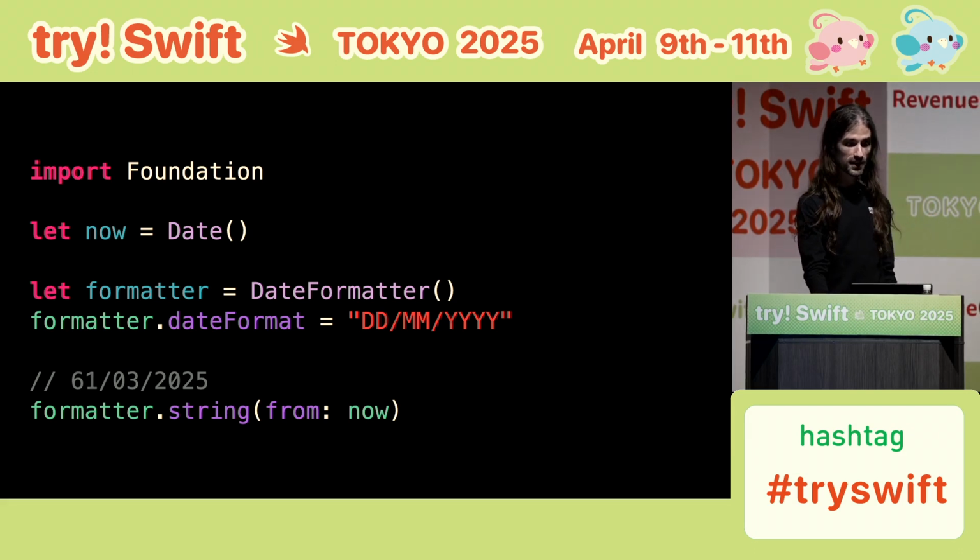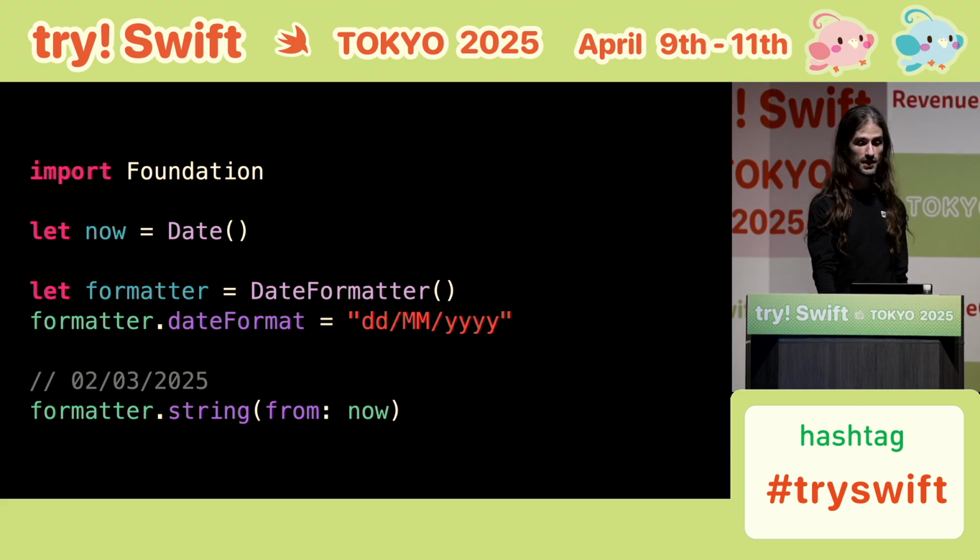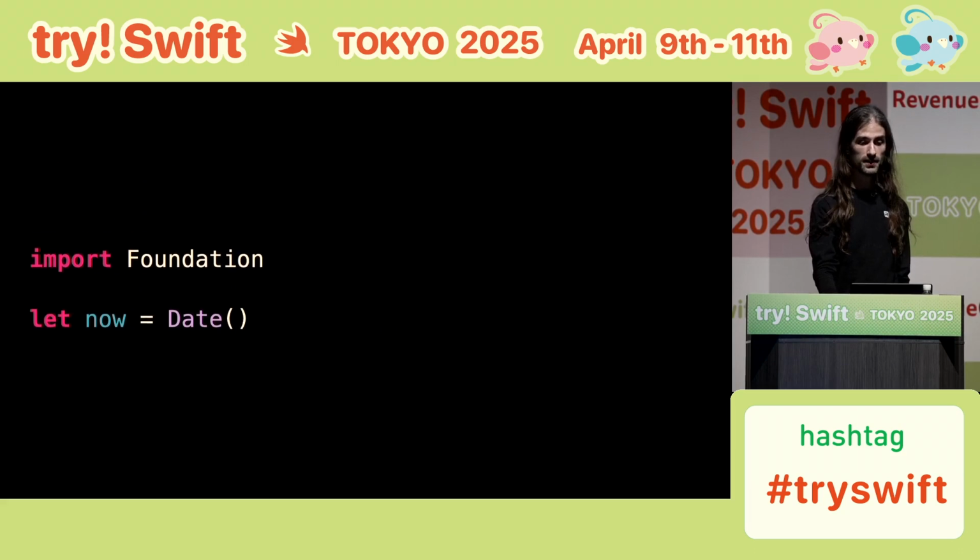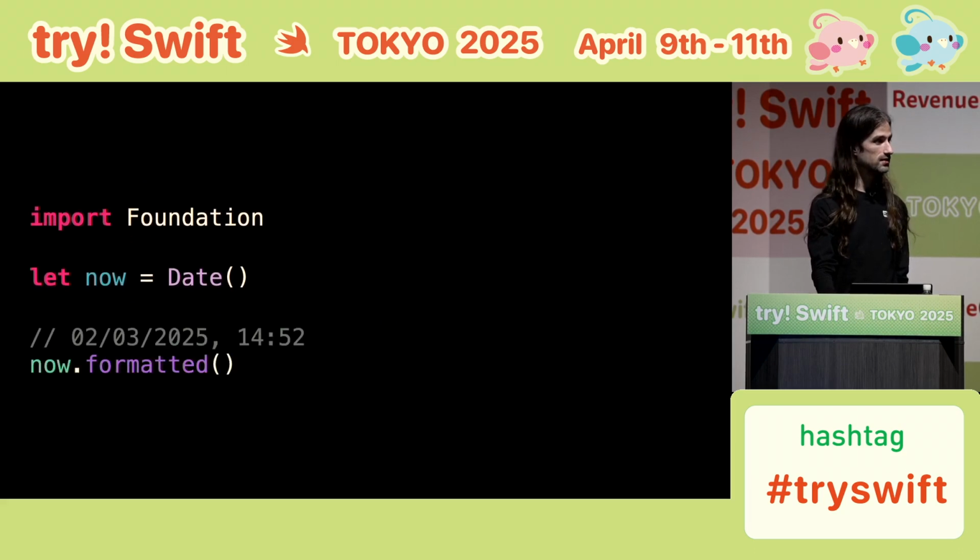But the good news is that there is actually a much better and much safer API introduced in iOS 15 called formatted. You just need to take your date, you call formatted on it, and out of the box you get a nice looking localized formatting of your date.